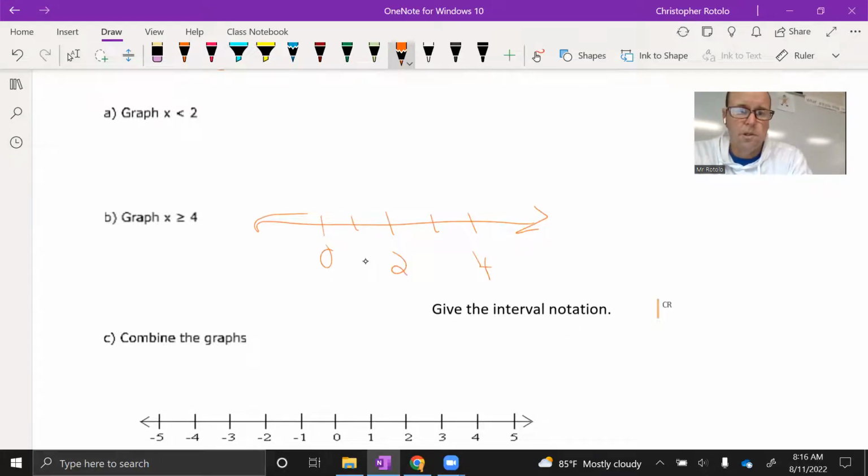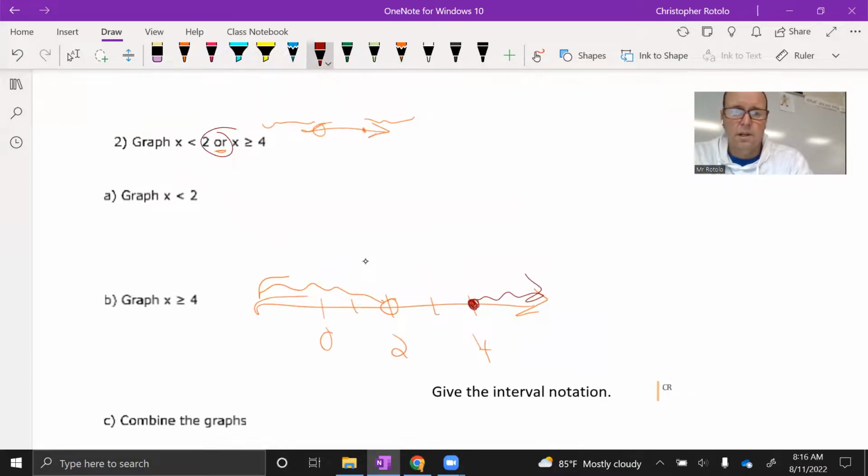All right, at 2, we're going to be open. X is less than 2. Less than 2 goes this way. X is greater than or equal to 4. So as I put in my circle, I'm going to close it up, greater than. There it goes. And it does look exactly the way I thought for an or.